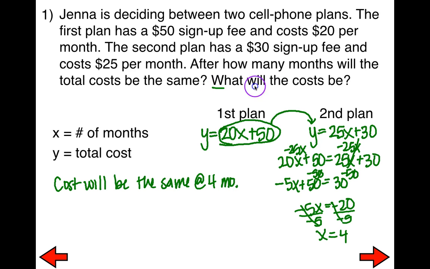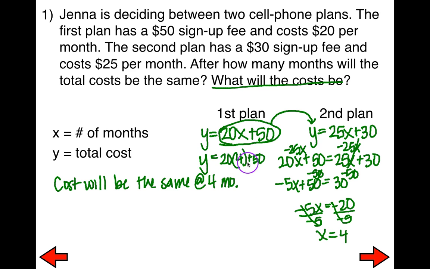But for the second part, what will the cost be? Well, since they're going to be the same, I can use the first equation or the second equation, whichever is easier. I think the first one's a little bit more simple, so I'm going to utilize the first one. So the cost, which is y, is going to equal 20 times x, which I determined to be 4, plus 50.